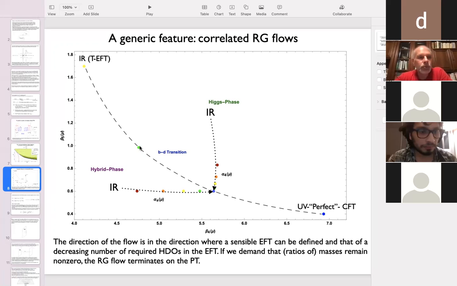So then how do you possibly describe an RG flow? Well, in this case, you have to introduce an anisotropy.